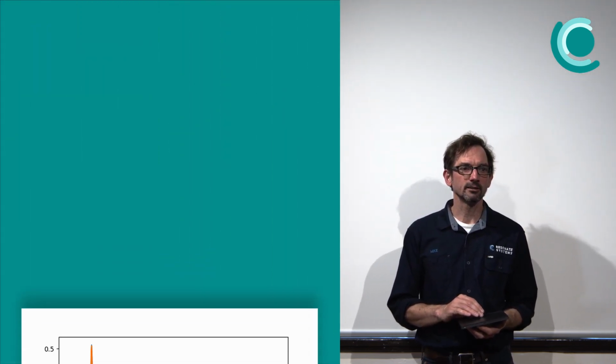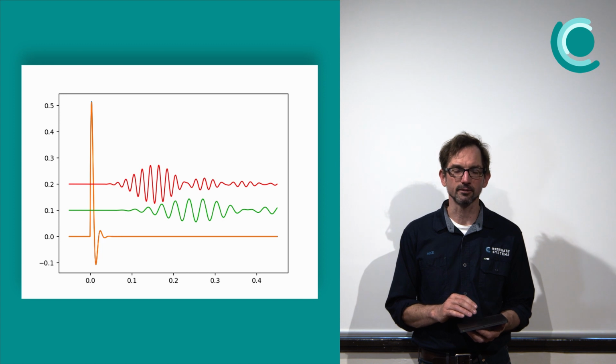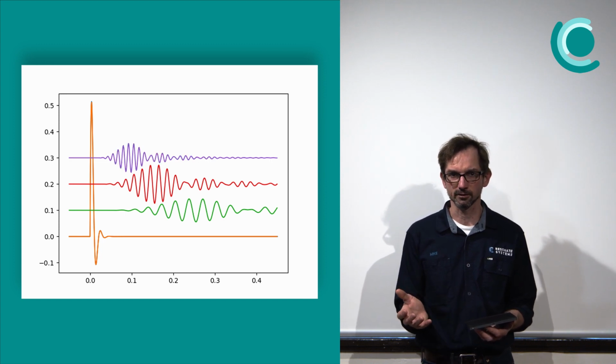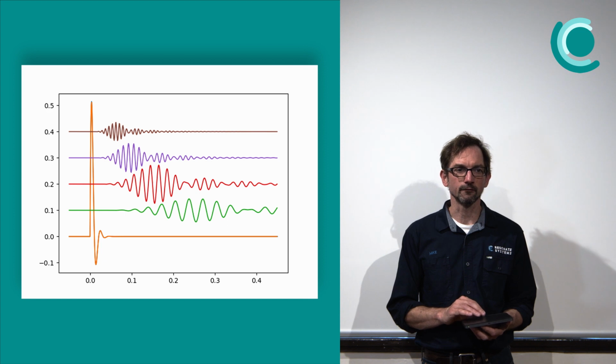So here's a picture of that original transient, and then also shows the output. I created a series of filters, effectively third octave filters, and passed the data through them, and each time we get a different waveform at the other end.